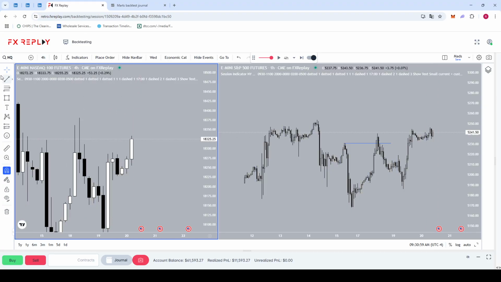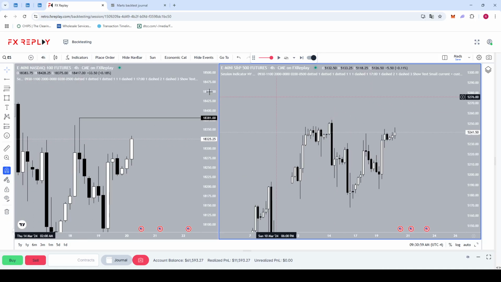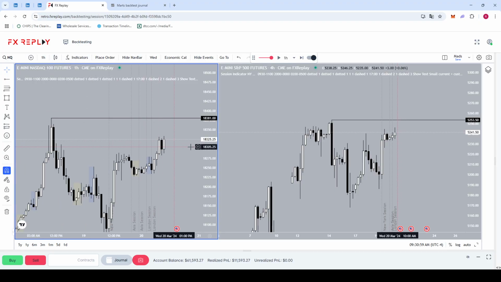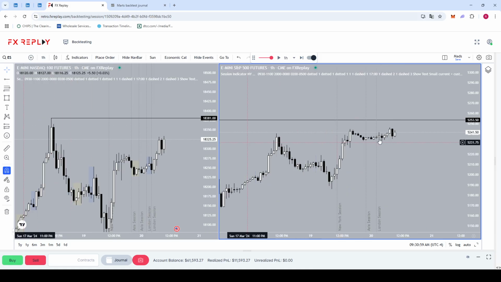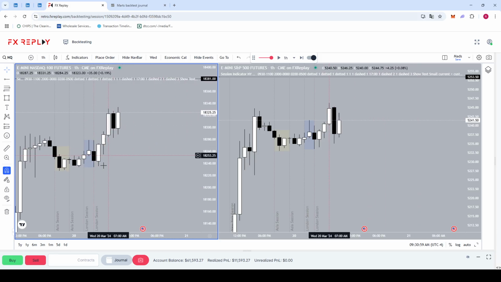Let's see how price plays out. This is my draw. And ES took out this draw. Oh, 1 hour. Could potentially see a very nice London SMT here.